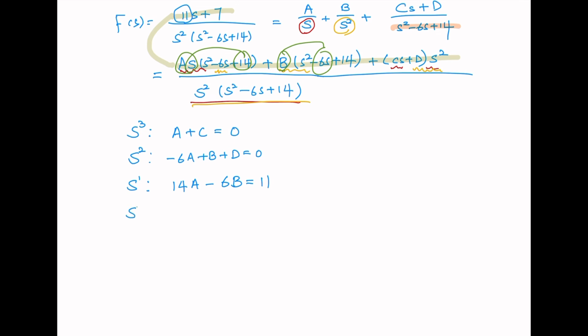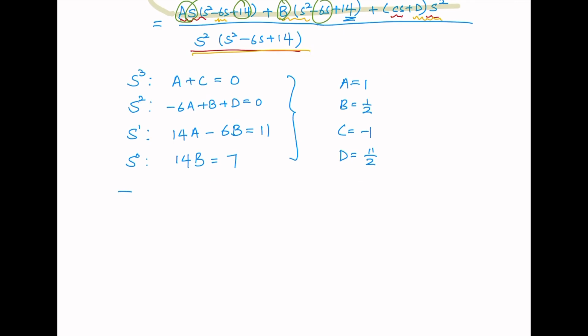And then the constant term, the s to the power of 0 term, we have 14B, that's the only one, that equals 7. Now you use your calculator. There are 4 equations and 4 unknowns, and we get A equals 1, B equals 1 over 2, C equals negative 1, D equals 11 over 2.